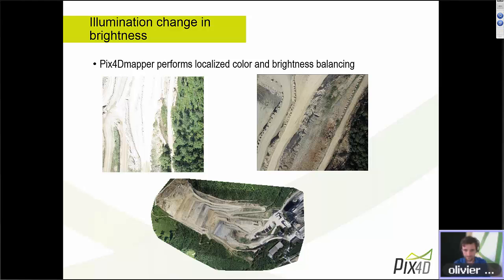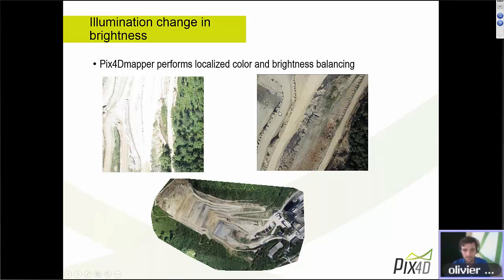Another big impact on the orthomosaic is illumination changes, especially when you have images with very, very different brightness and you try to make the orthomosaic out of them. Pix4D Mapper performs localized color and brightness balancing for you.